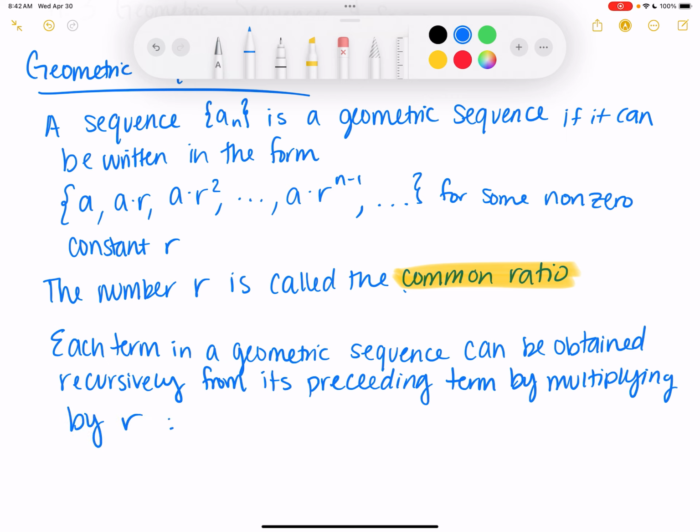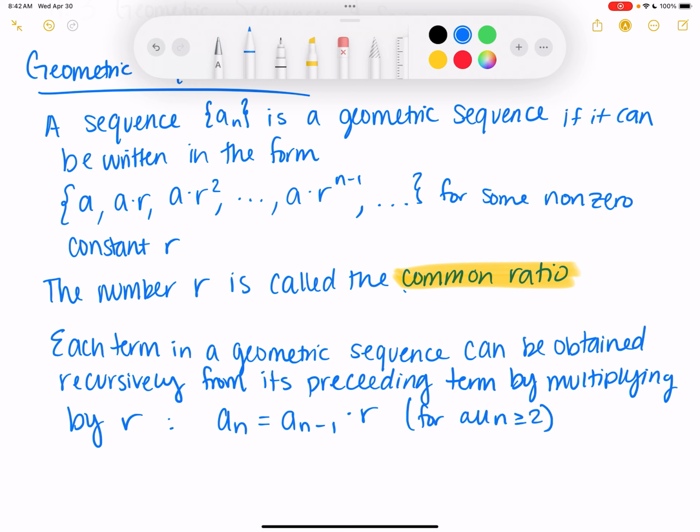And so if we do this recursively, the way that we would write it is a sub n is equal to a sub n minus 1 times r. This is for all n greater than or equal to 2.